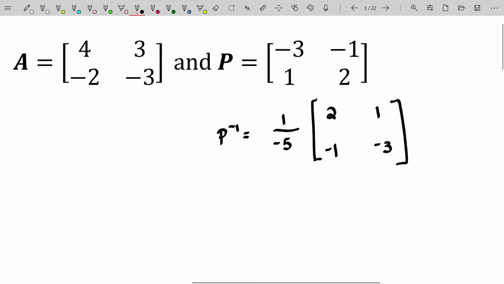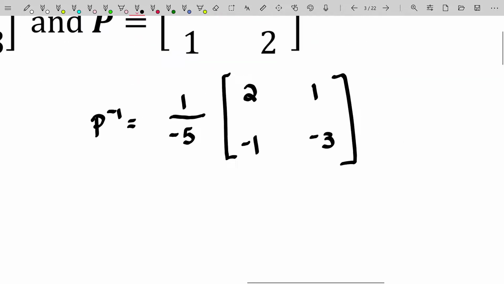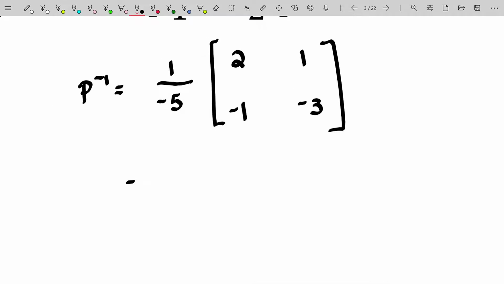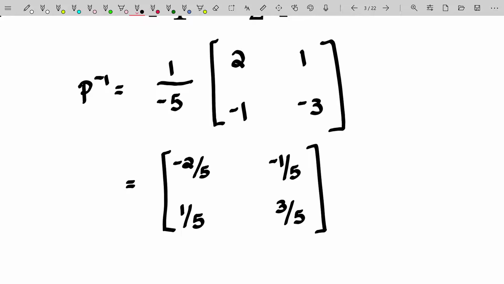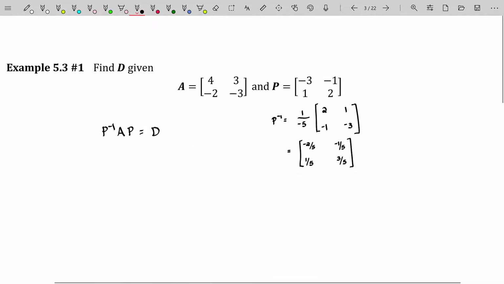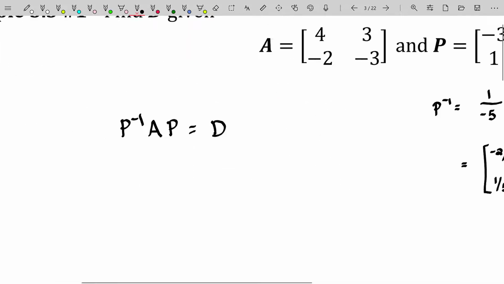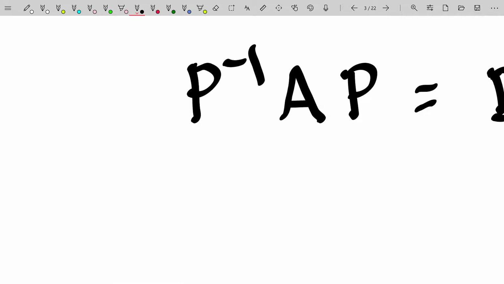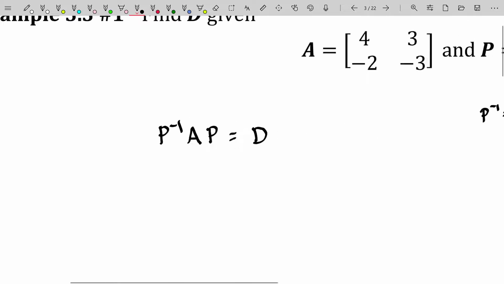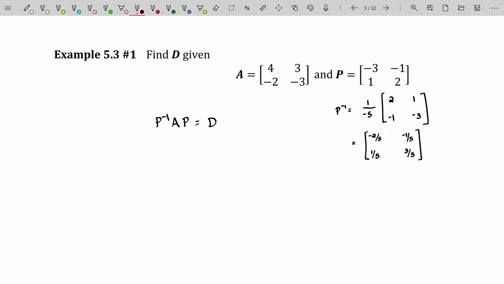I'm going to leave my P inverse written that way. However, your instructor might require you to write your invertible matrix differently. I just don't find a need for that, especially when I know I'm going to multiply P inverse times A times P, and I'd prefer to have the 1/5 factored out. So let's go ahead and find out what P inverse AP is.